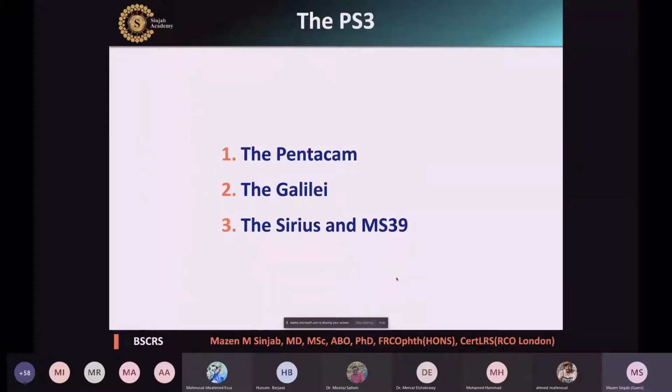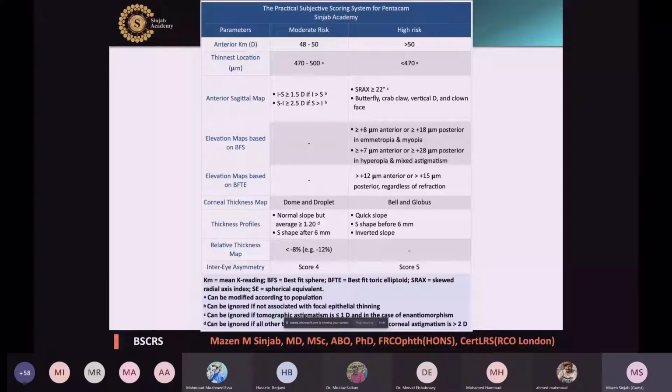Okay, I actually put a system for the Pentacam, PS3 for the Pentacam, one for the Galilei, and one for the Cyrus and MS39. Today, I'm just going to show you the one related to the Pentacam. This is the table, and you can go through it in detail and see the exceptions, okay?